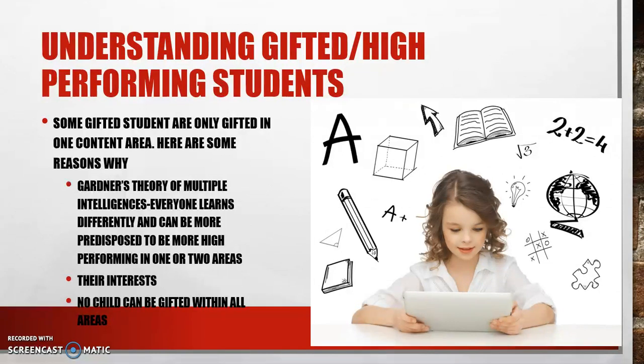There are students who maybe are only gifted in one or two content areas, which plays into, as I mentioned earlier in my presentation, Gardner's theory of multiple intelligences: that everyone learns differently and can be predisposed to be more high performing in one or two areas.